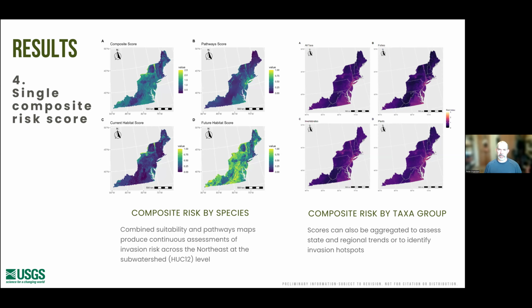Whatever species out of this list folks are interested in can be grouped and aggregated, and you can look at what areas might be more vulnerable to more species in a spatial context.